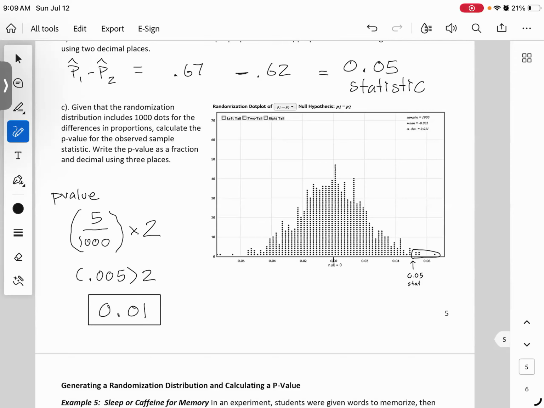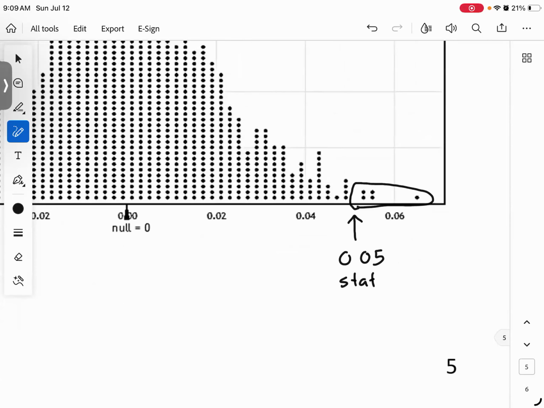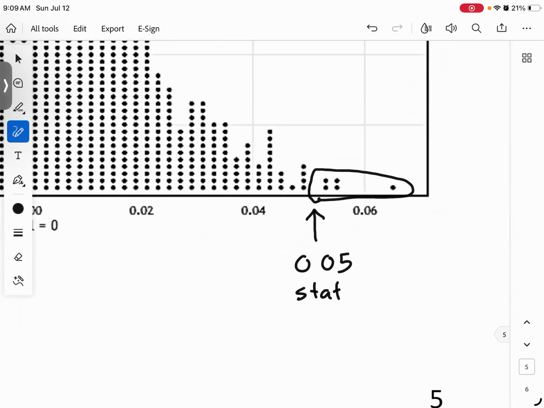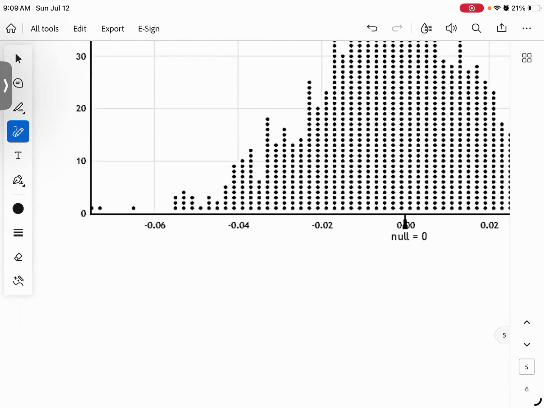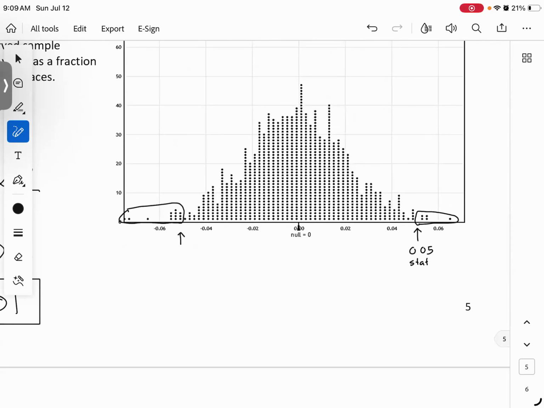There are some students who maybe go to the learning lab or get some tutoring, and they might do it another way, which is this way. They count where positive 0.05 is, and then they count where negative 0.05 is, so like the other tail. They just count the dots on the left side and the dots on the right side.